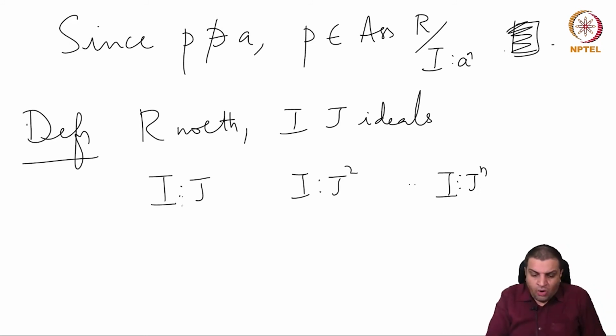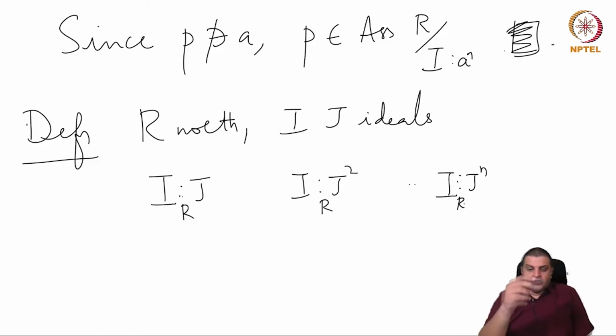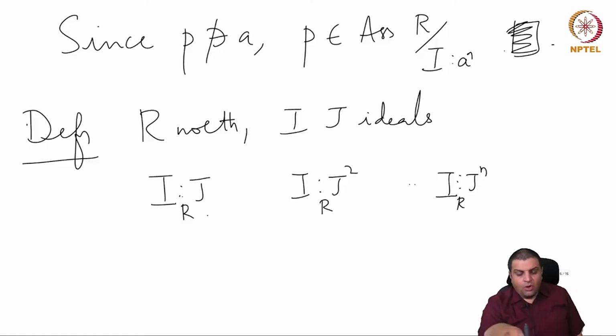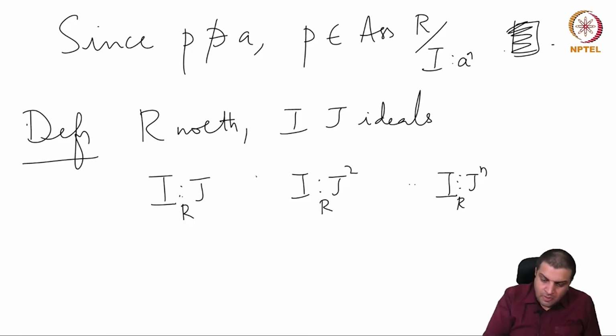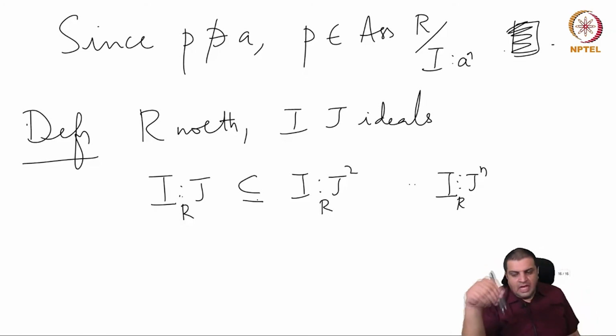All colons are inside R now. So, what is this? This is all the elements of the ring which multiply J into I. Anything that multiplies J into I will also multiply J squared, because J squared is inside J. And anything that multiplies J squared will also multiply any higher power.